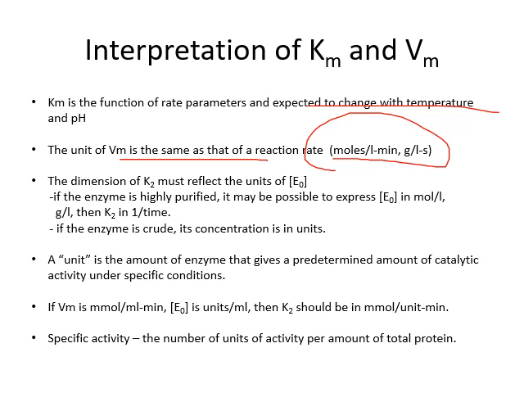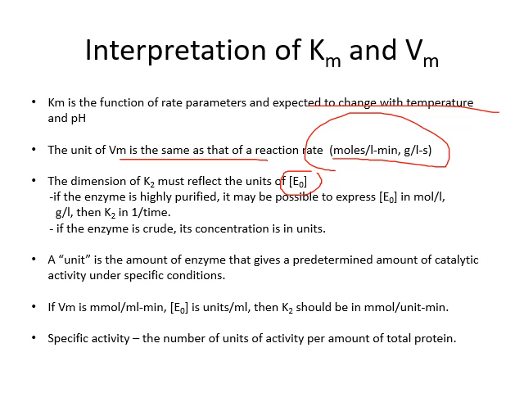And then K2, the rate constant at the second step, reflects units of initial enzyme concentration. If the enzyme is highly purified, it may be possible to express the enzyme initial concentration in mole per liter or gram per liter, and therefore the rate constant K2 would be 1 over time.